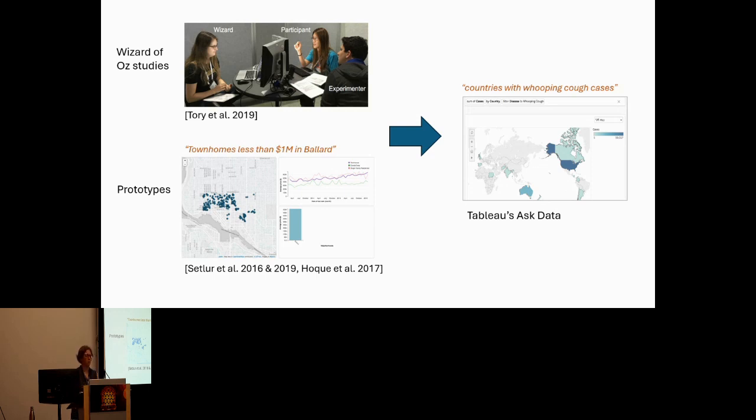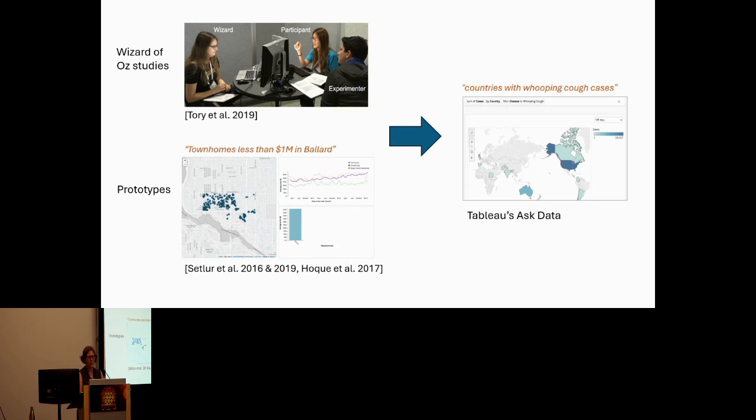On the bottom left, the user has asked in a data set about housing to show townhomes less than $1 million in Ballard, which is a particular area of Seattle. And the system has produced a map showing a bunch of houses as little dots and some associated charts about the prices over time and so on.